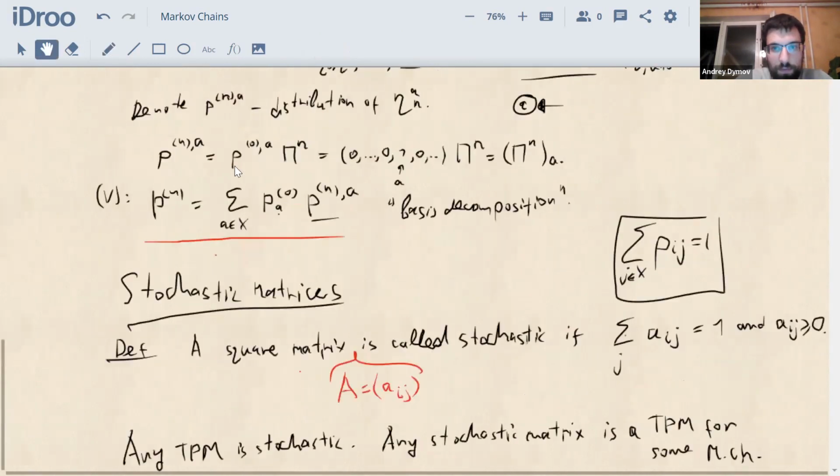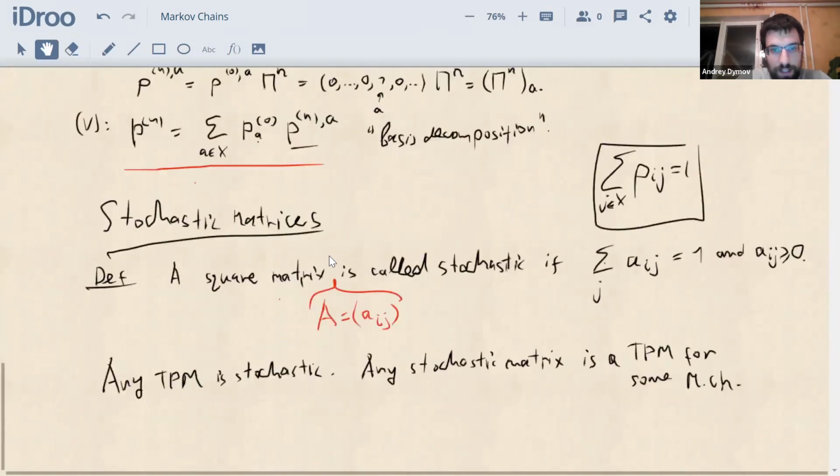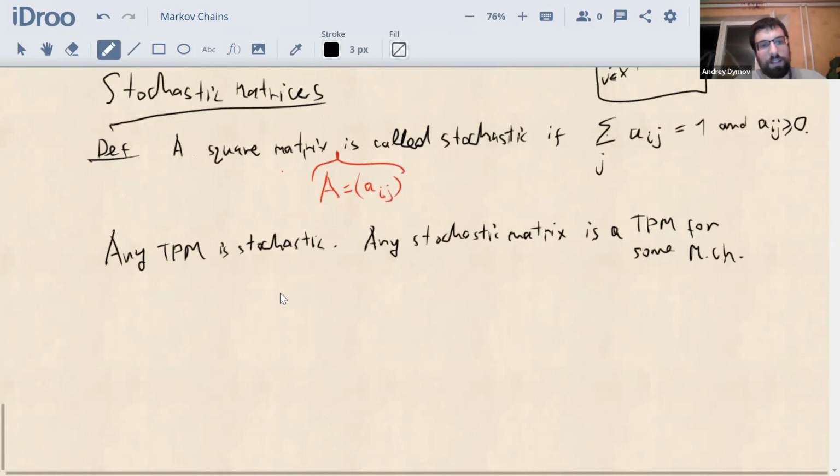So for example, this matrix is stochastic. It means there is the following interplay between Markov chains and linear algebra: just the studying of stochastic matrices.